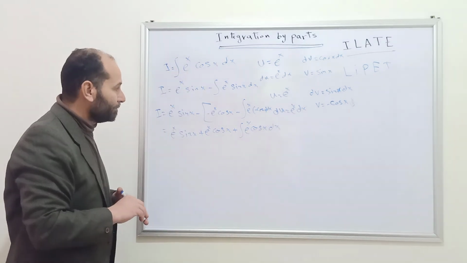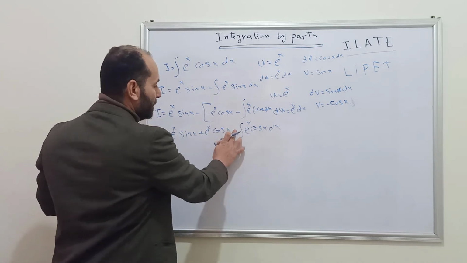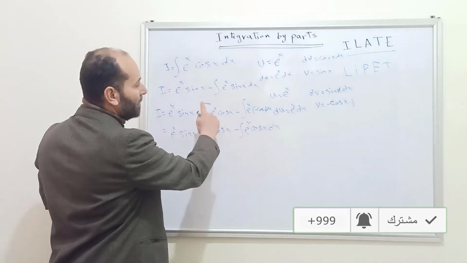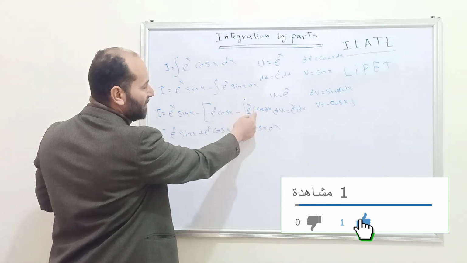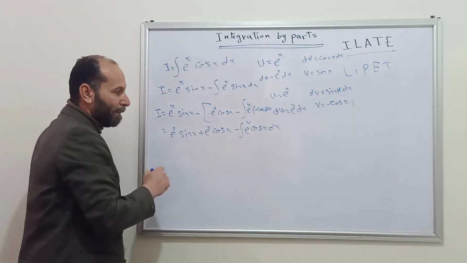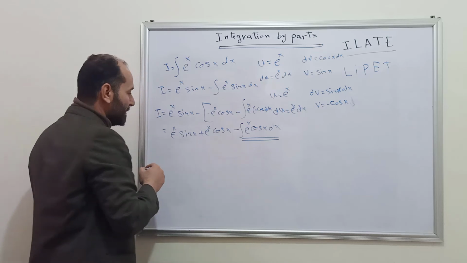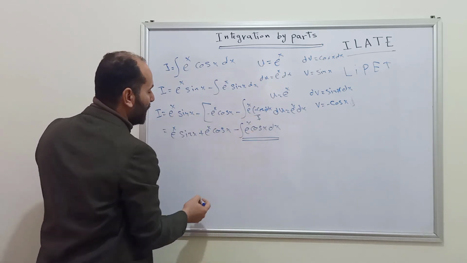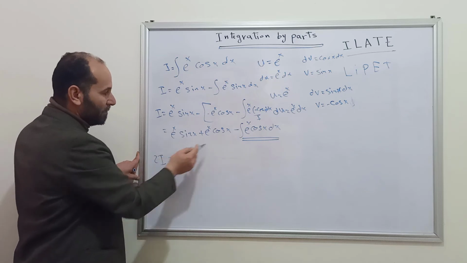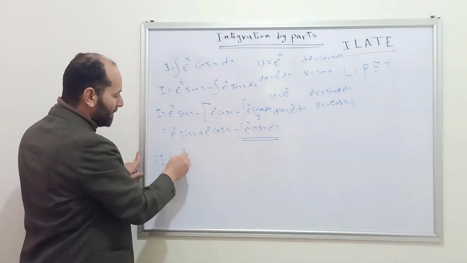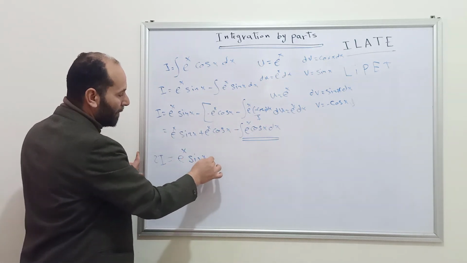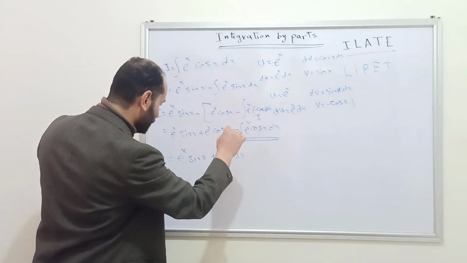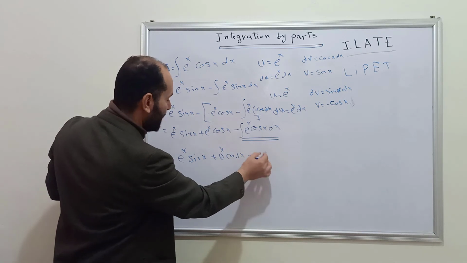This is wrong. Here negative, negative times a positive, here positive equals negative. So this integration equals negative I. So 2I, I plus I equals e power x sine x plus e power x cosine x plus c.